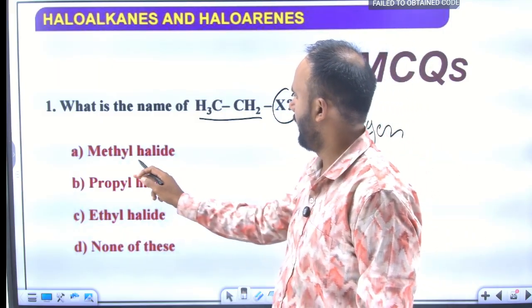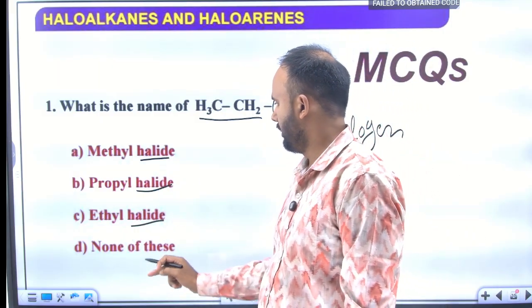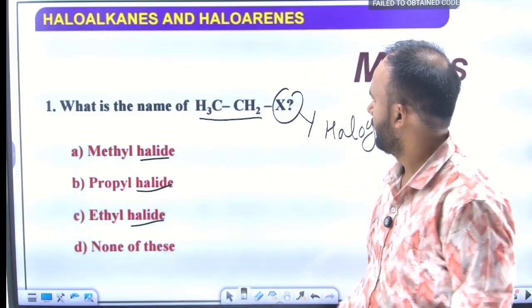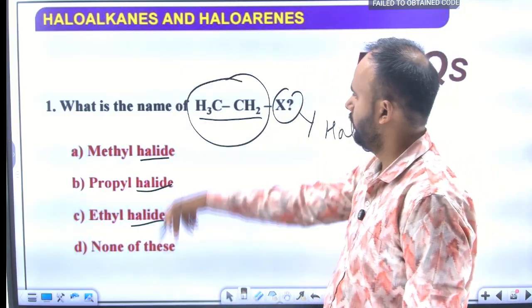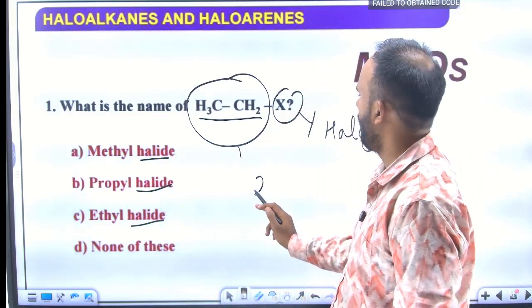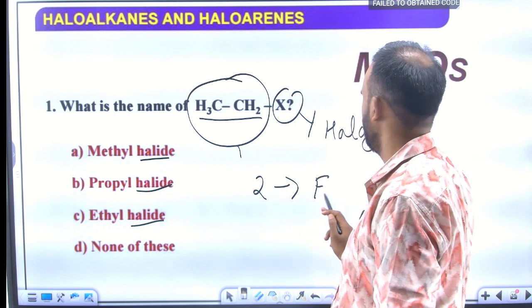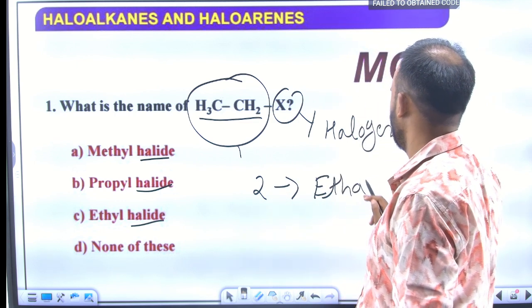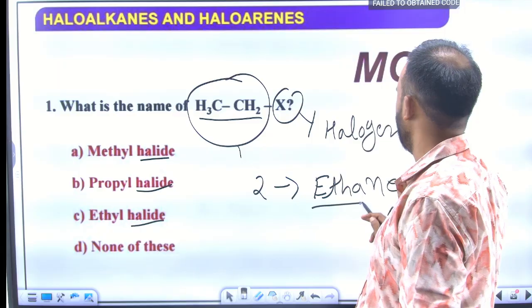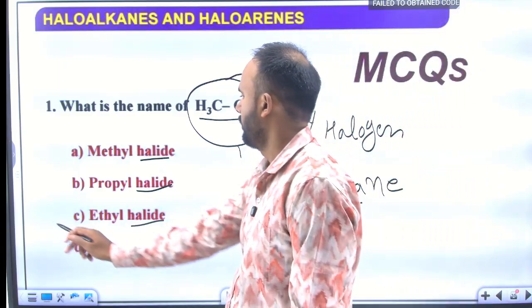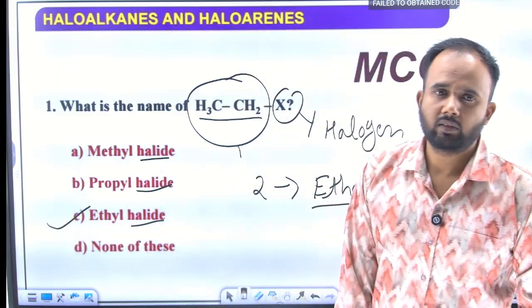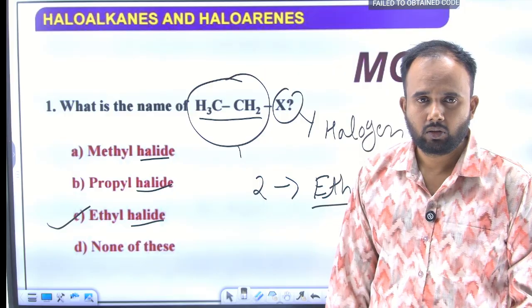Then how many carbon atoms do we have? 2 carbons. So for 2 carbons, what word do we use? Eth, generally we can say. So ethyl halide is our correct answer. Got it?